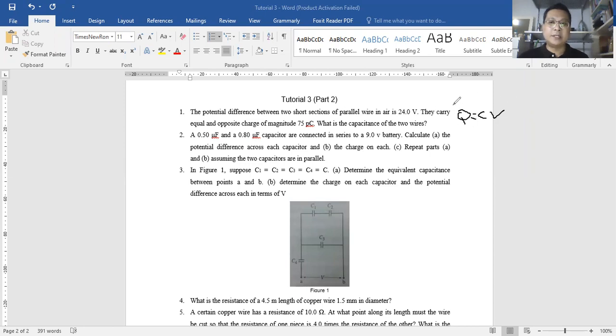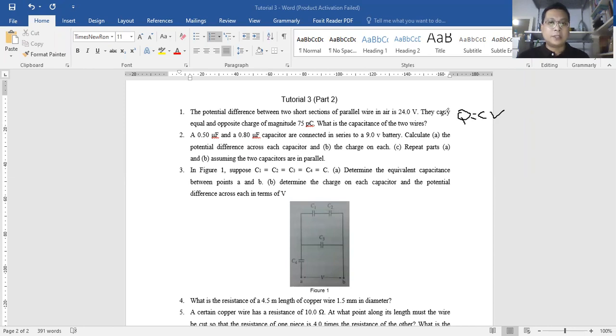So the Q is the coulomb. It means the capacitance of the electrical is determined by Q equal to CV.